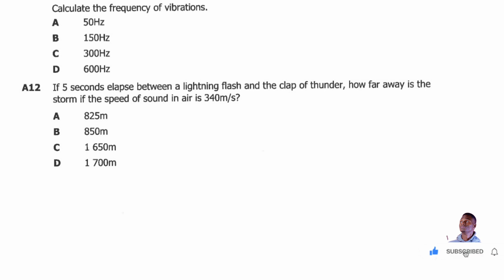Question 12. If 5 seconds elapsed between a lightning flash and the clap of thunder, how far away is the storm if the speed of sound in air is 340 meters per second?